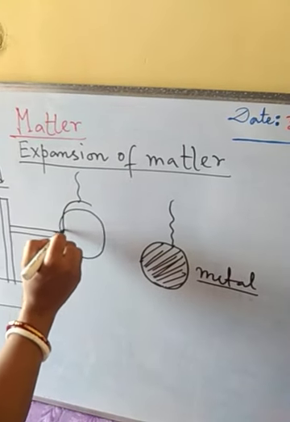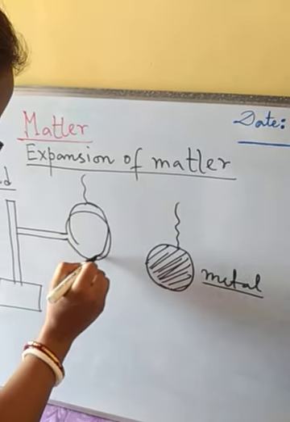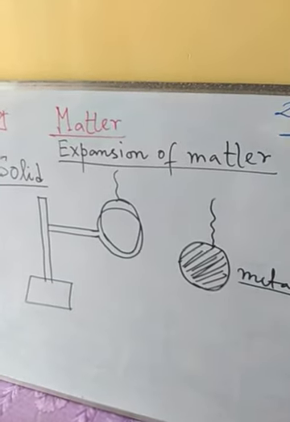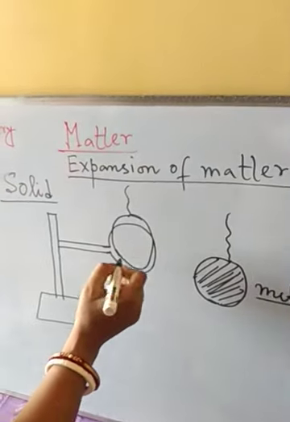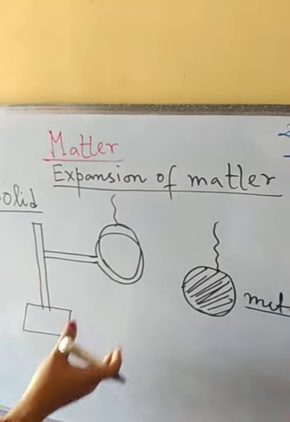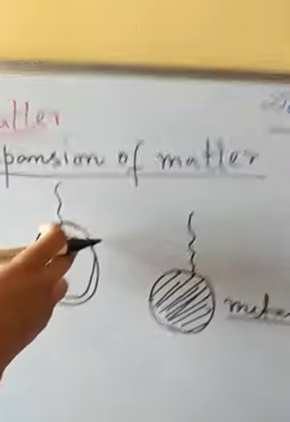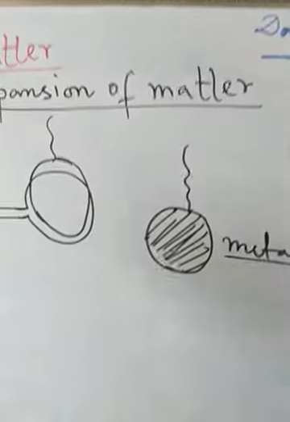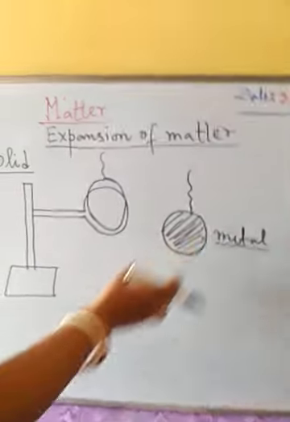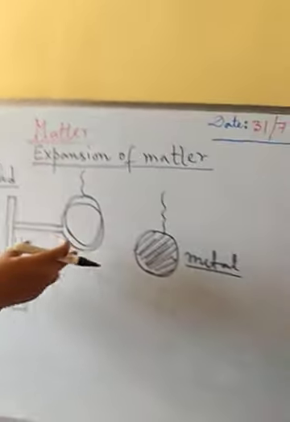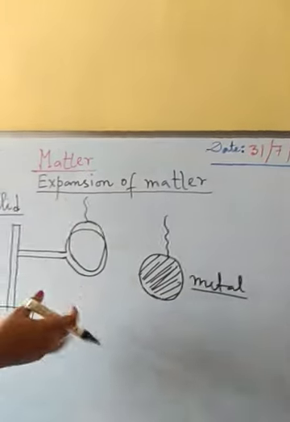Easily it can pass through this, because the size, or the radius, of the metallic sphere is less than that of the ring. So it will pass through this.